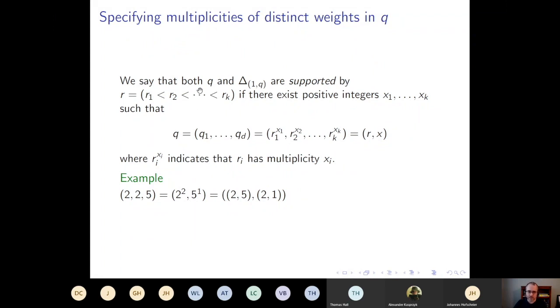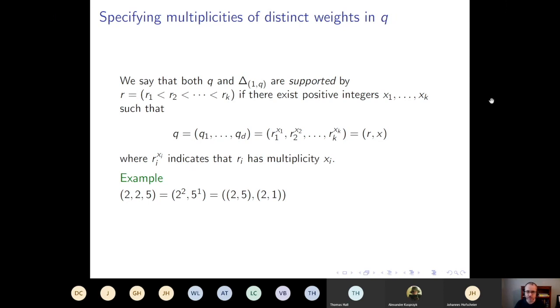And so what I say is that a vector q or delta 1q are supported by a vector r, and my standard notation here is going to be that r has k entries if there exist positive integers x1 through xk, where q is r1 with multiplicity x1, r2 with multiplicity x2, etc. We also might denote that by the pair r comma x. Okay. So as an example, 2, 2, 5 is 2 with multiplicity 2, 5 with multiplicity 1, also denoted by the support and the multiplicity vector.